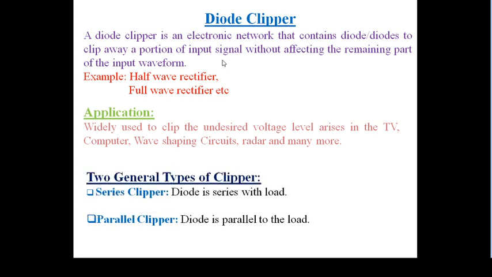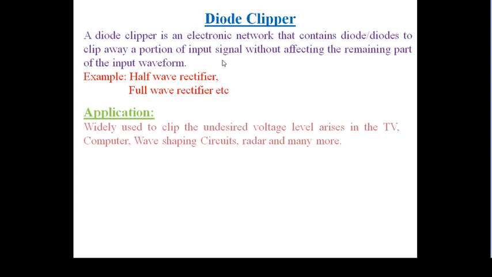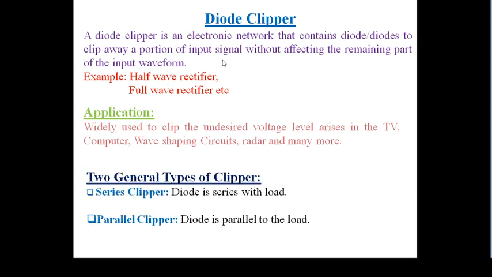Now the types. A diode clipper is of two types. The first one is your series clipper, in which the diode is in series with the load. So here what I am saying, in a half wave rectifier, the diode is connected in series with the resistance. So it is your series clipper.